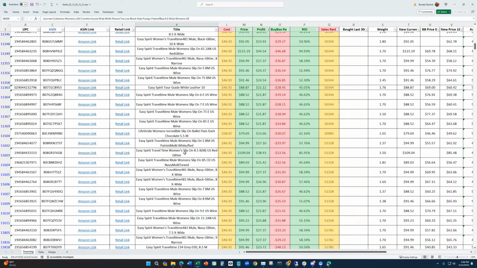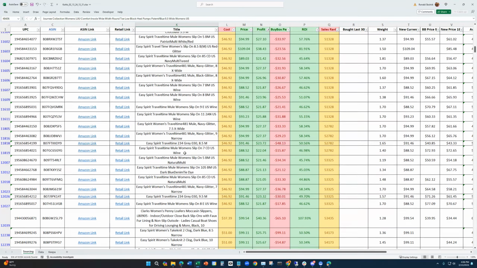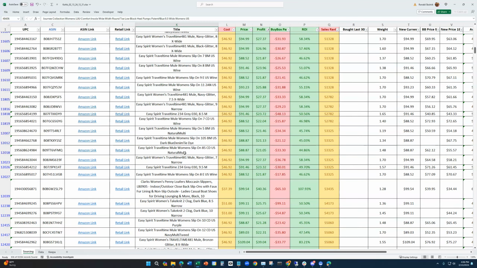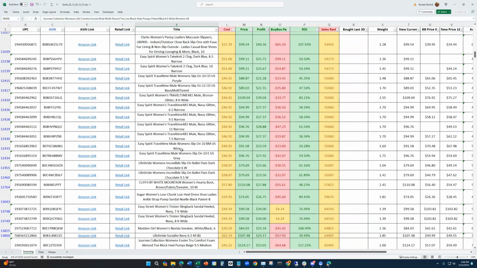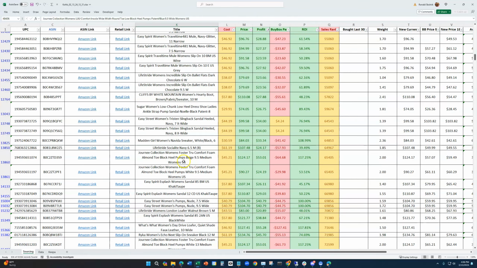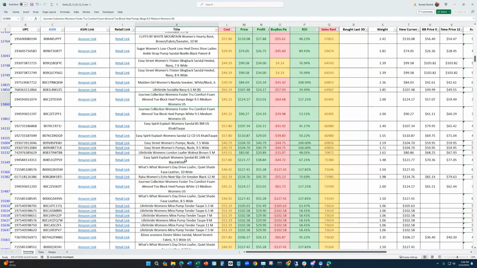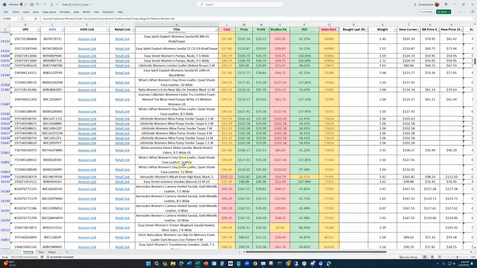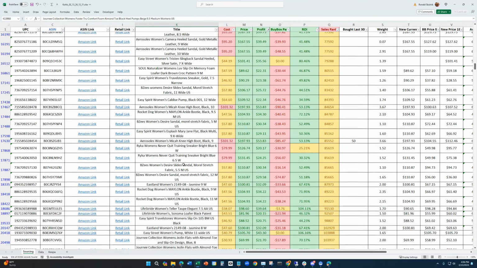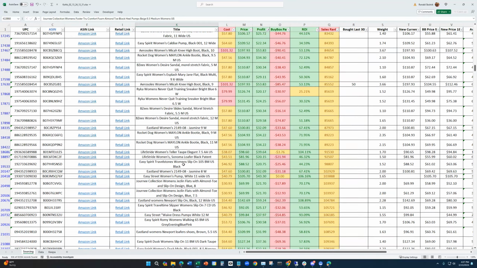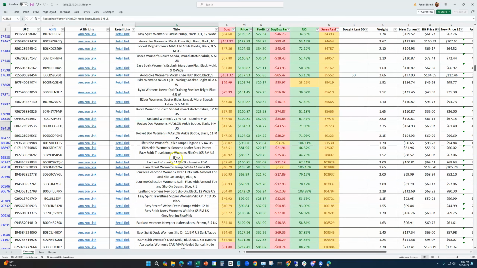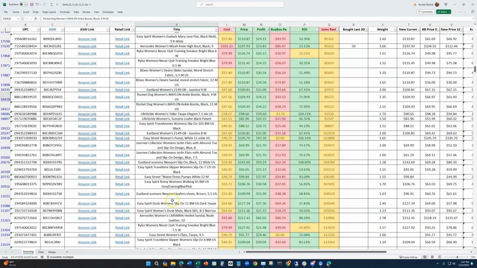So when you have a scrape this size, you look at all of the different brands and decide, hey, is this one that maybe I should try to get ungated on, or maybe I'm already ungated on. You can see there's a lot of different options that we have here, like Rocket Dog. So that's one way to use the scrapes, is to cast that wide net and then start filtering.